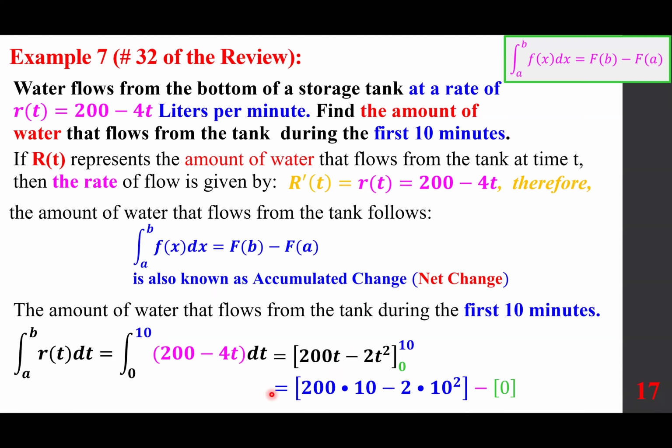When you plug in 10, this is 2000 minus 200 gives you 1800. As far as the units, if you go back, the rate is liters per minute. So this is the amount, so it must be in liters. So 1800 liters.